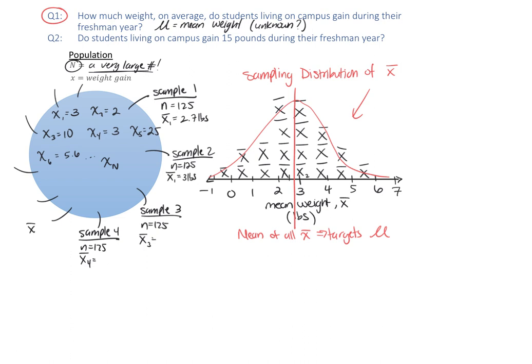But because we can't survey the entire population, this mu value, this mean value, is unknown. However, if I take lots of samples from the population, I can estimate what this value is by taking the average of all of those sample mean values. The mean of all the sample means, and the notation that we use for this is mu sub x bar, gets really, really close to or equal to the population mean.